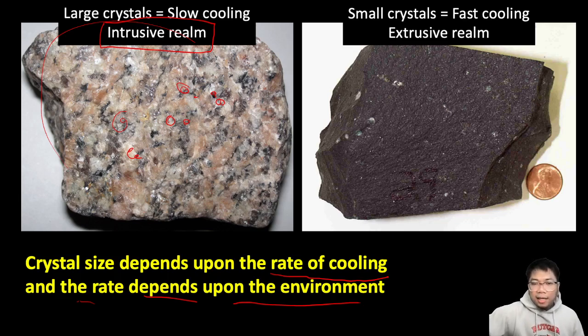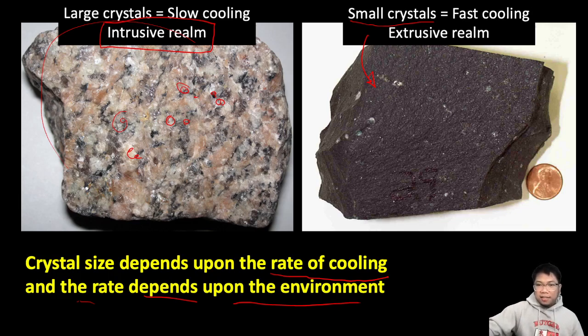The second one is whenever we have aphanitic texture or small crystals, like in these rocks right here, they are just too small for our eyes to see. It actually indicates fast cooling magma. Because the magma cools very rapidly, it doesn't have enough time to develop big minerals. And that is the reason why these rocks have very, very tiny minerals in them.